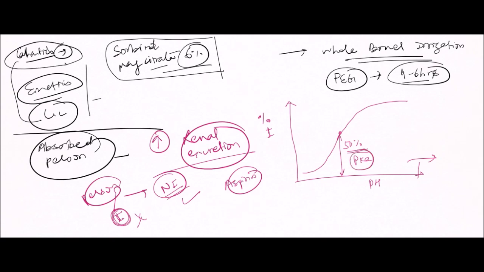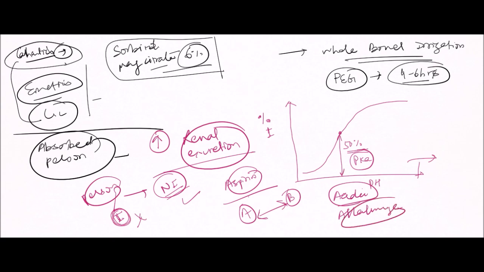Depending on the nature of the poison, whether it is acidic or basic, we will change the condition in the nephrons. If the drug is acidic, we'll try to alkalinize the urine, or if the drug is basic, then we'll give an acidic substance for removal of that drug.